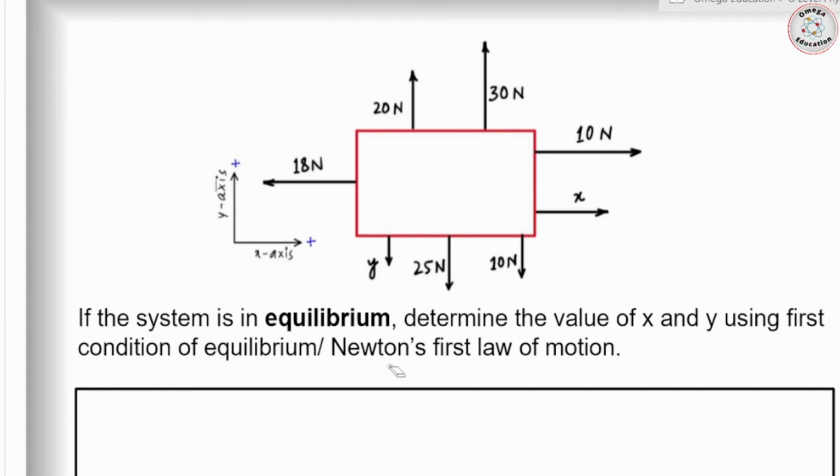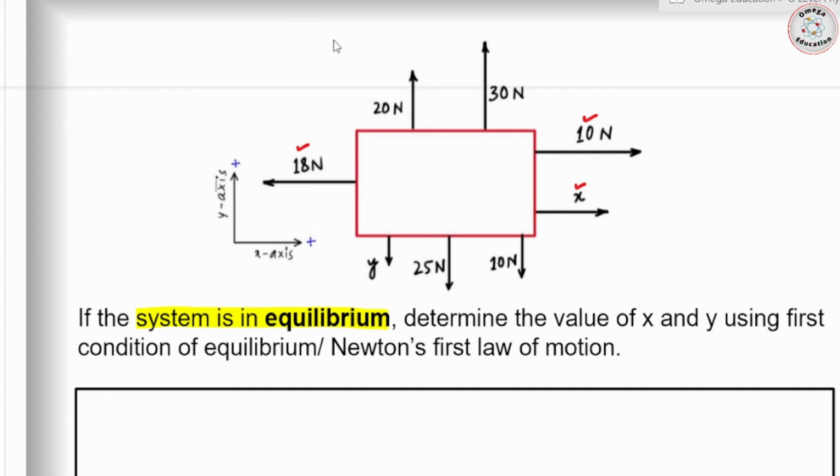It is given that the system is in equilibrium. It's written over here. If the system is in equilibrium, the resultant of all the forces should be zero. And that can be broken down into two things. The resultant of the horizontal forces should be zero, and the resultant of the vertical forces should be zero. Now, how many horizontal forces are there? 1, 2, 3, which is the unknown.